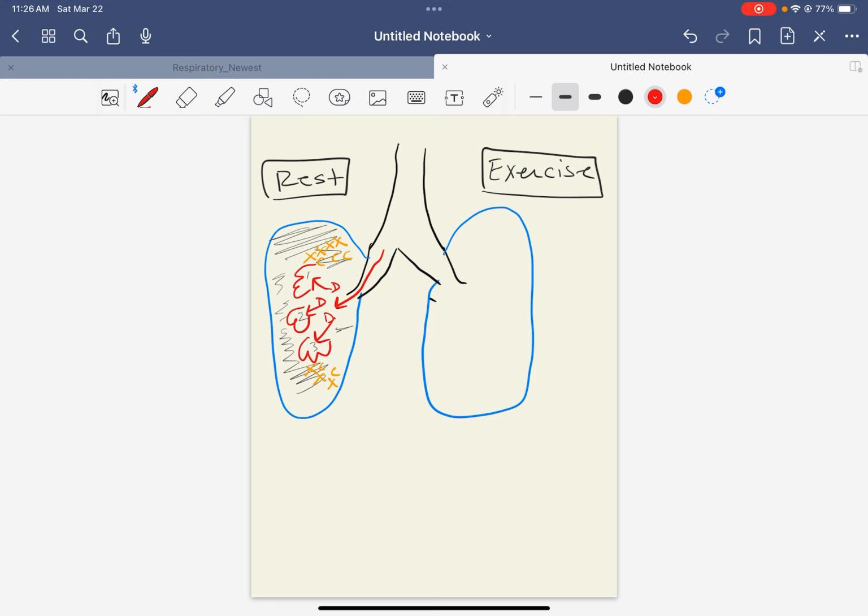However, when we exercise, don't we need to bring in more air? And instead of only using 3, now we're going to use more.